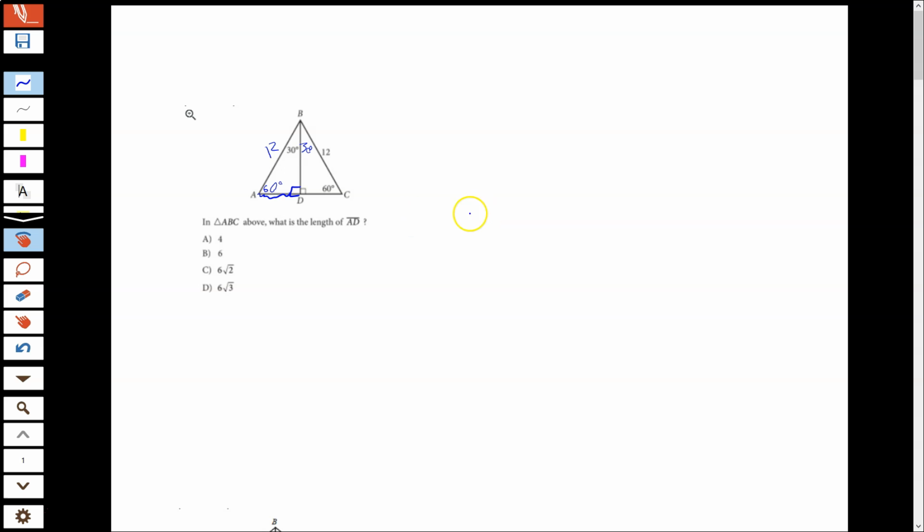And then to make this a little bit clearer, maybe we draw just ABC by itself. We have 60 and 30. So we have a 30, 60, 90 triangle. My short side is going to be x. My medium side is going to be x square root of 3.